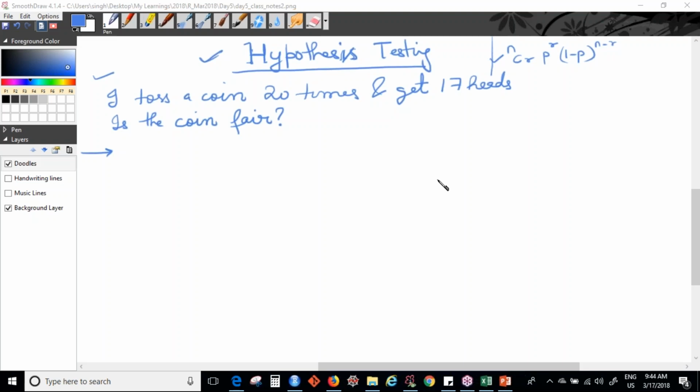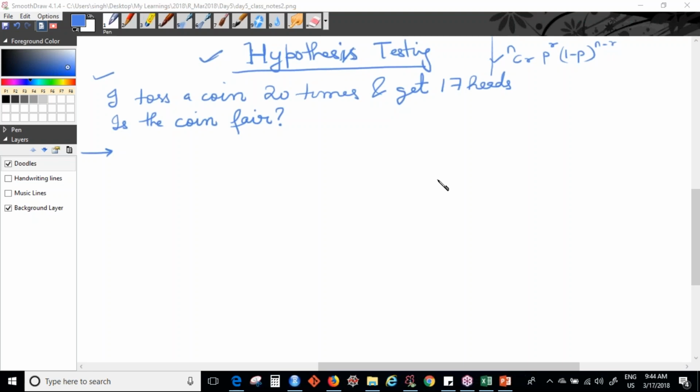Okay, Deepayan says it's unfair. Moinish says it's fair. So Moinish, when you say it's fair, that means you would have gotten this result if you took any coin, tossed it 20 times, and got around 17 heads, that means it is fair.